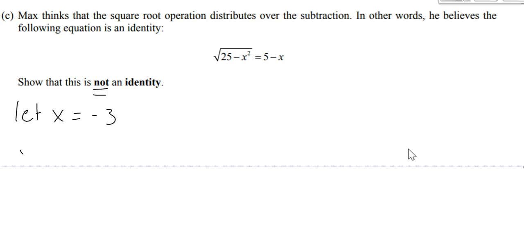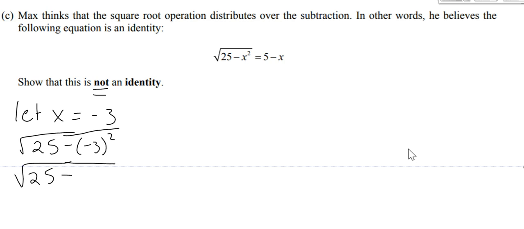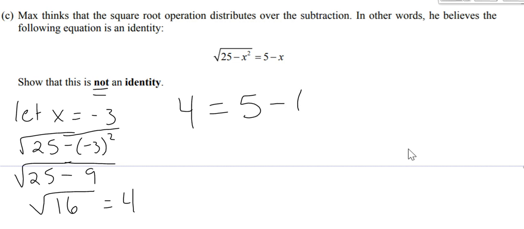So if I plug in -3, I have the square root of 25 minus -3 squared. So I get the square root of 25 minus 9, and 25 minus 9 is 16, which equals 4. So I know the left side is going to give me 4. 4 should equal 5 minus -3.